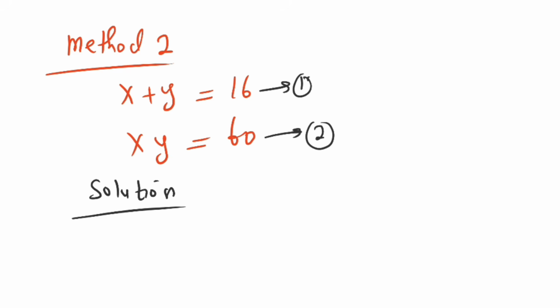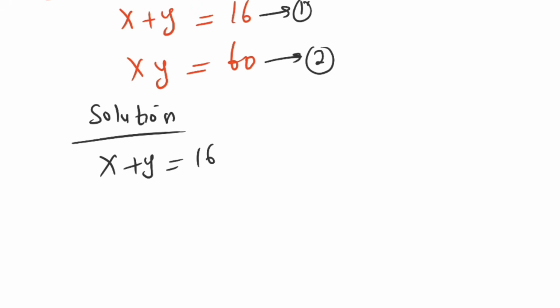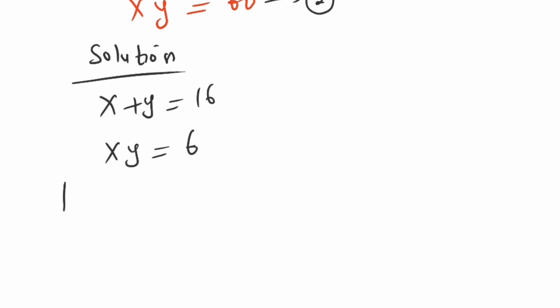Now, let us look for the factor pairs of 60. Here, we have x plus y equal to 16 and xy is equal to 60. We need the factor pairs of 60.